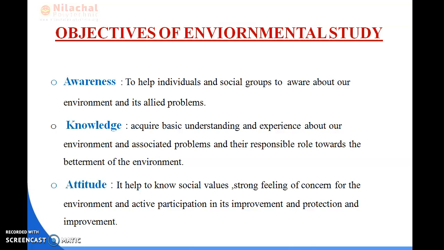When individuals and social groups get social values and strong feelings that the environment should be protected, they know it is our role and what we should do for the improvement of our environment. Whenever these strong feelings are common in our mind, then we create a healthy environment. This is our role.